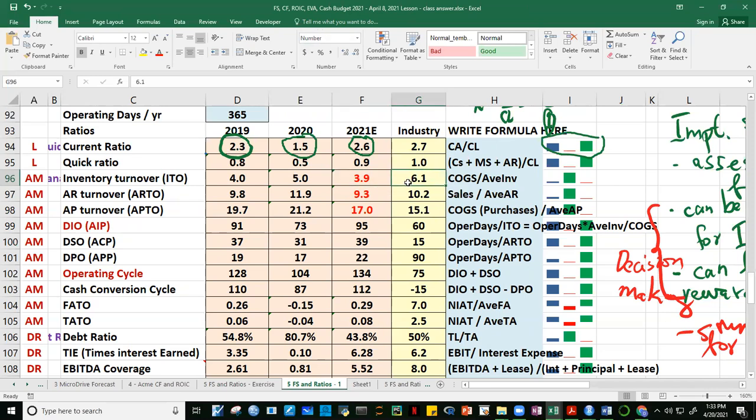Si ABS 6.1 times. So malaki yung discrepancy. 6 na beses si ABS na to turn over yung inventory, si GMA barely 4 times lang. So that will show in the operating performance. Mas mabilis yung pag-turn over ni ABS.